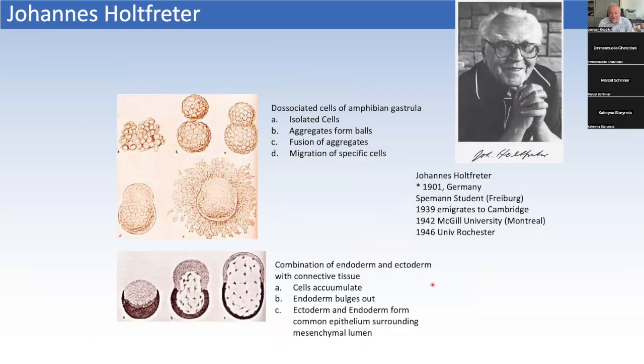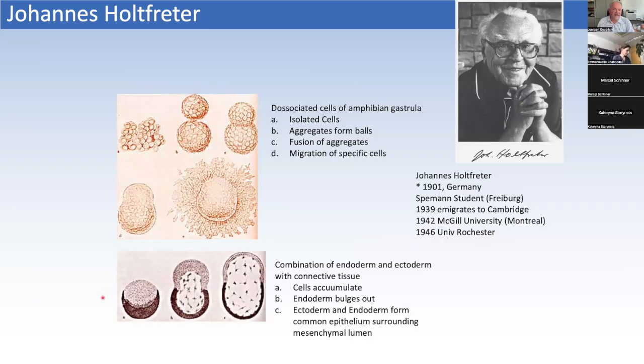Now, one of the pioneers of organoid biology is Johannes Holtfreter, and he was the first one to show that when you dissociate cells, in his case, he used amphibians, they will find each other, and the right cell types will form clusters together.